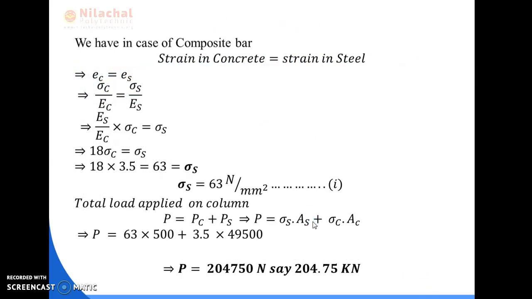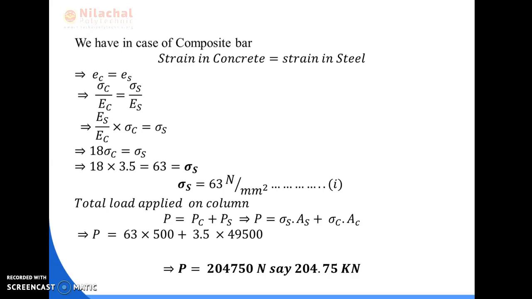During solving of composite bar, we have to remember two formulas. One is that deformation in both the members is equal, meaning strain in concrete is equal to strain in steel.